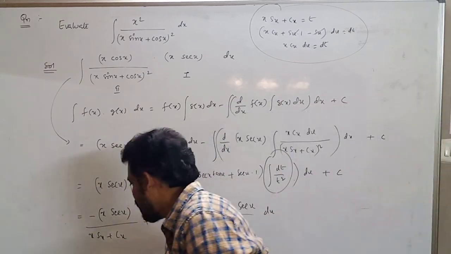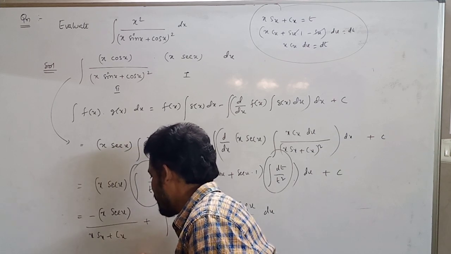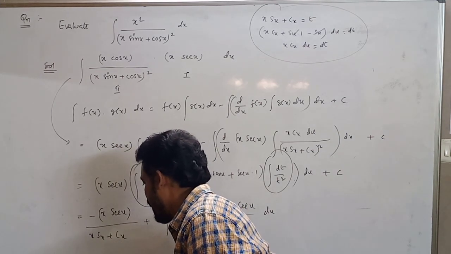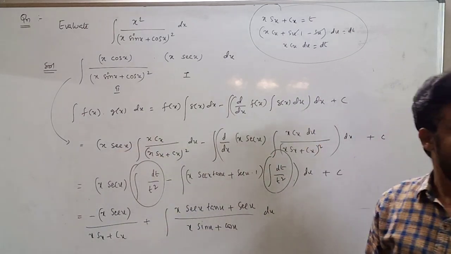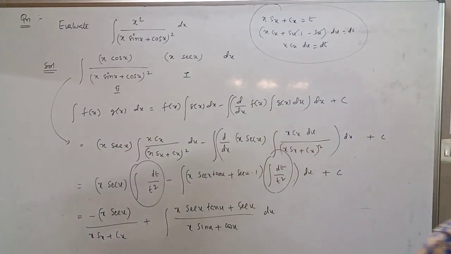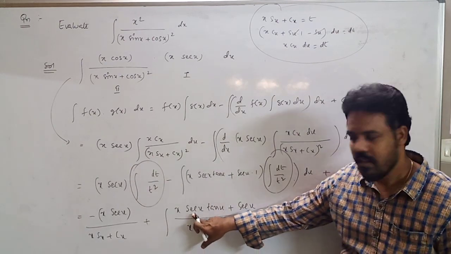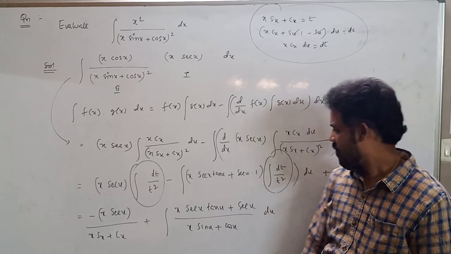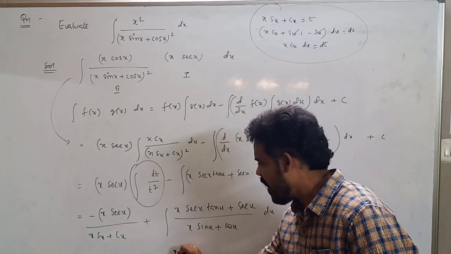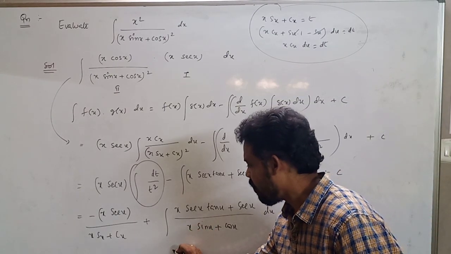Now make it like this: x secant x by x sin x plus cos x plus. You do one thing. Here you take common secant square x. I'll write here. You take common secant square x.